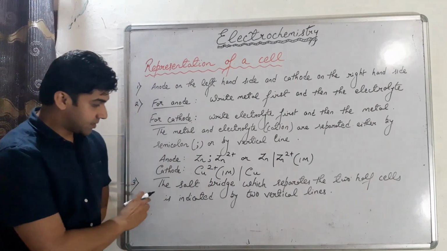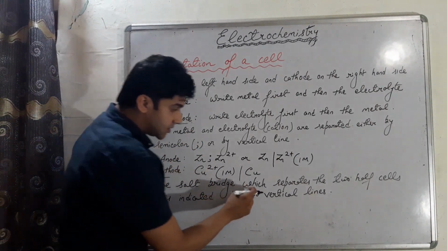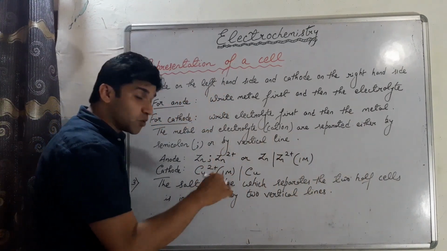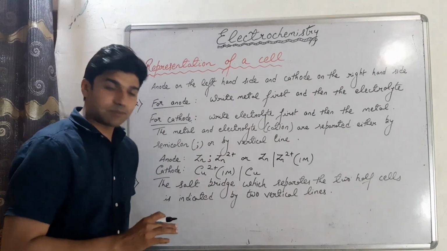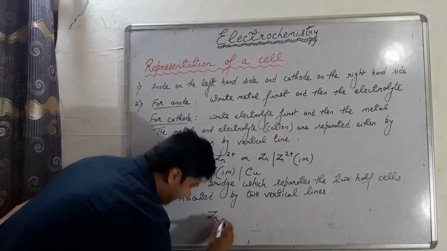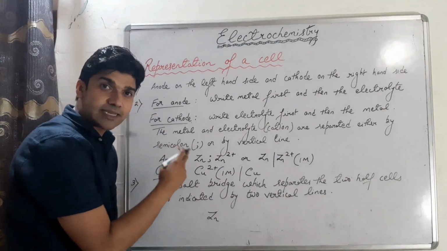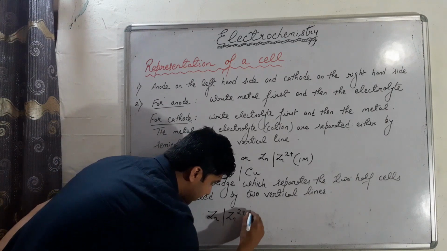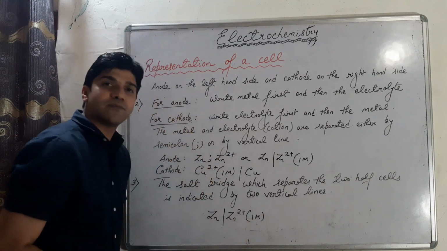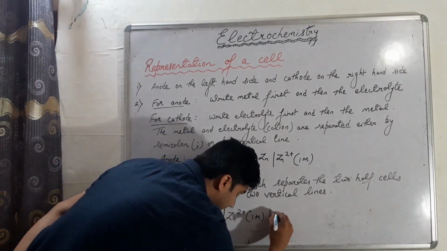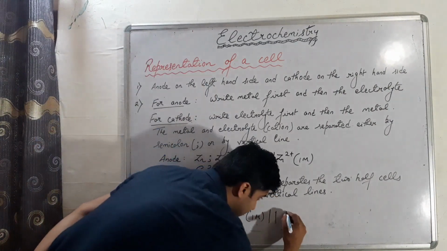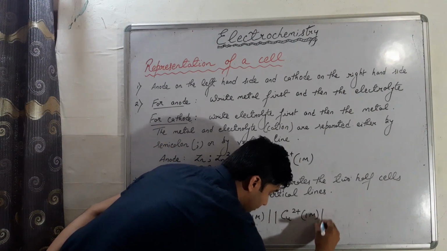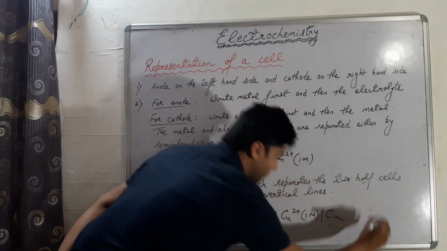अब आते हैं थर्ड पॉइंट में। The salt bridge which separates the 2 half cells is indicated by 2 vertical lines। तो फाइनली हम शो कैसे कर देंगे? लेफ्ट में क्या था? एनोड। कौन सा है? जिंक। जिंक, फिर वर्टिकल लाइन किस में जा रहा है? ये जिंक आयन में। Its concentration is 1 molar for a Daniell cell. Then 2 vertical lines, then copper ion, its concentration, then vertical line and then copper.